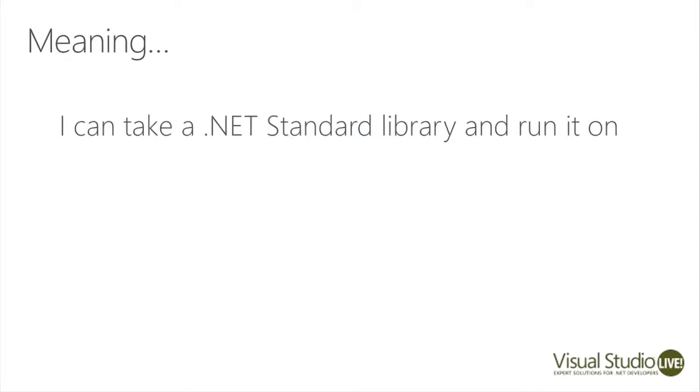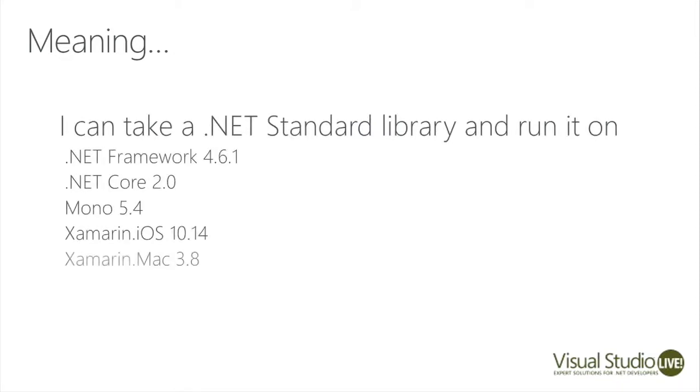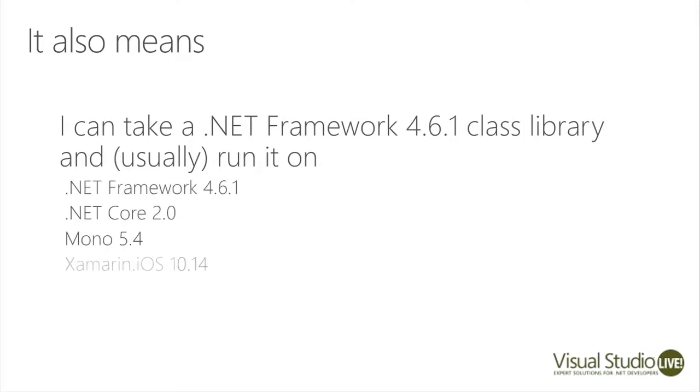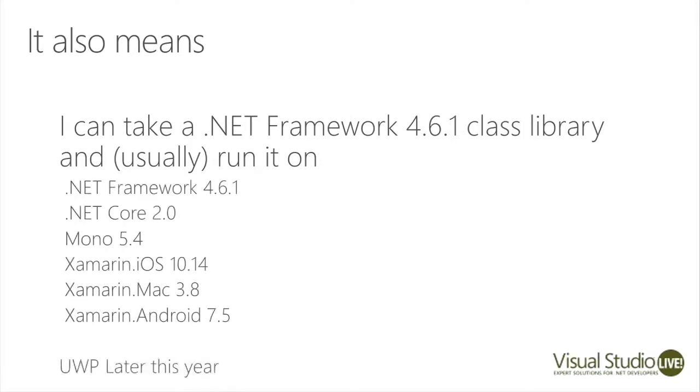So again, you can take your .NET Standard library and run it on all those platforms. It also means you can take a 4.6.1 class library and usually run it on these various environments. I want to put a big asterisk after this statement. This is because of some goodness that they provided behind the scenes that allows you to take a lot of this code.